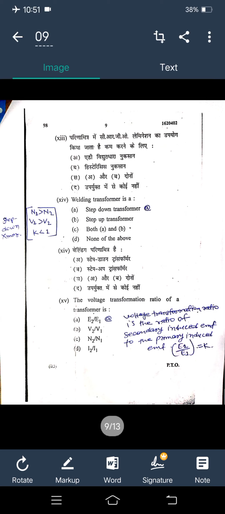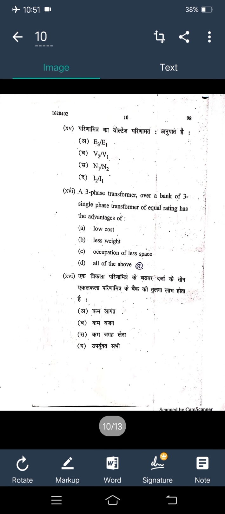For question 16, a three-phase transformer over a bank of three single-phase transformers of equal rating has the advantages of, here all the above options are correct. Low cost, less weight, occupation of less space. Because the bank of three single-phase transformers is bulky.